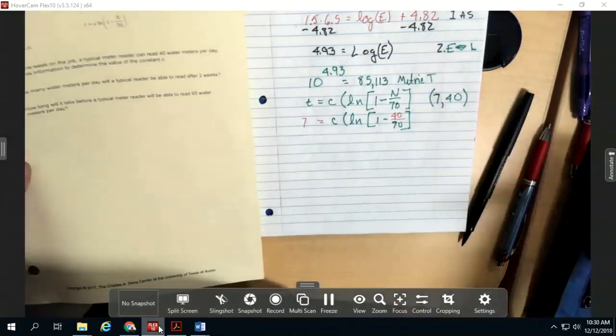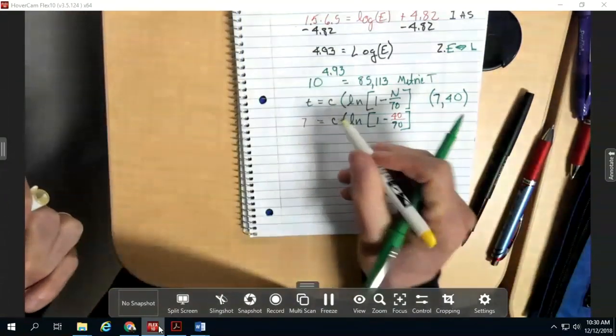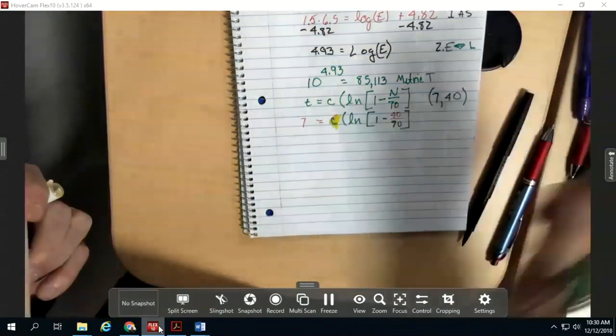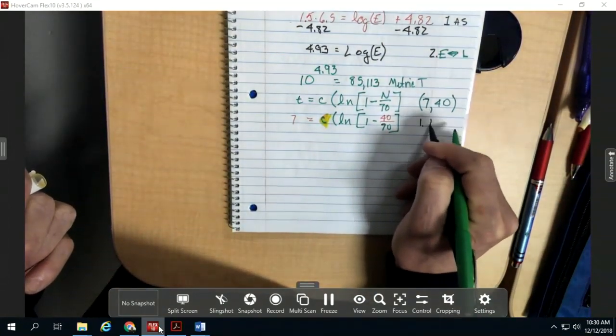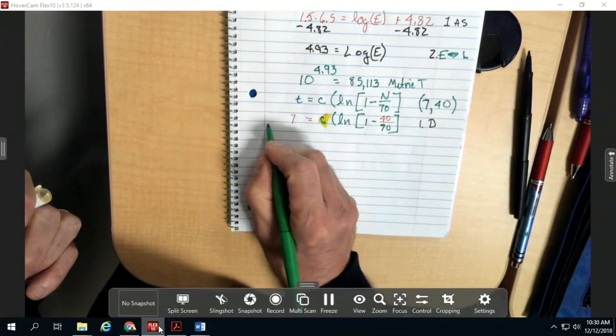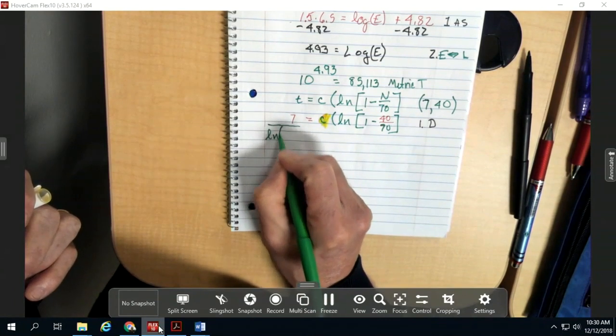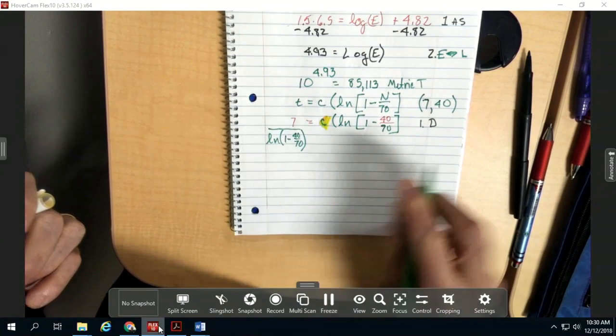We want to get the C all alone. Divide both sides by our other stuff, ln of 1 minus 40 over 70.